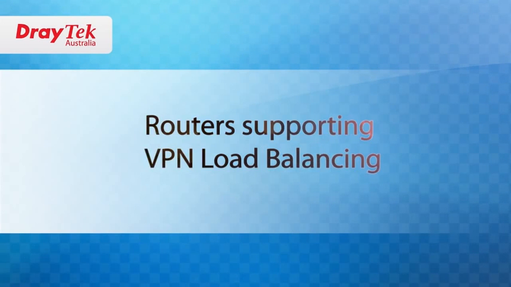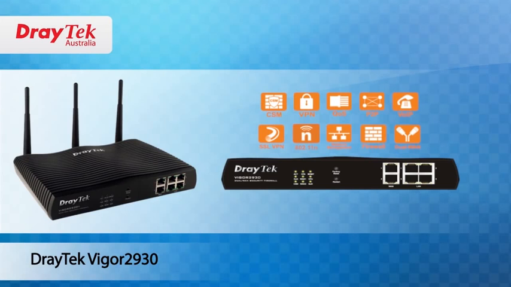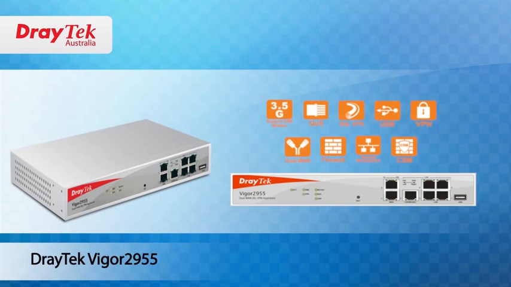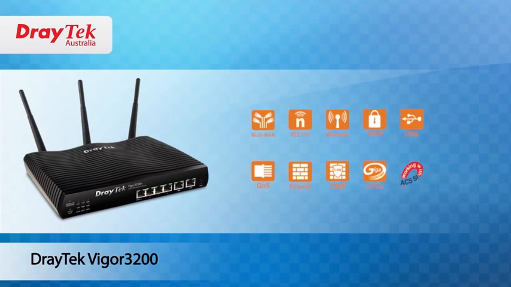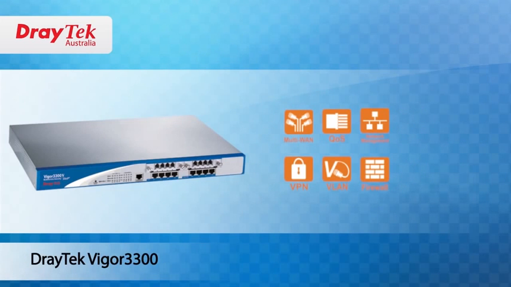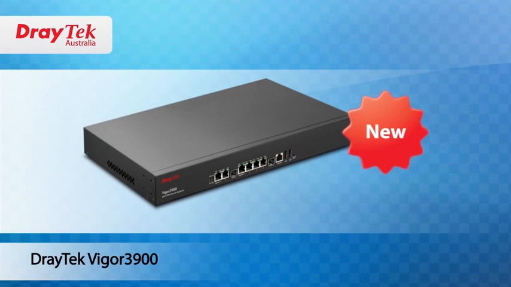Routers supporting VPN load balance are the Vigor 2930, Vigor 2955, Vigor 3200, Vigor 3300, and the soon to be released Vigor 3900 series routers.